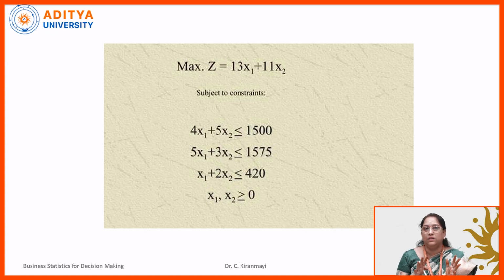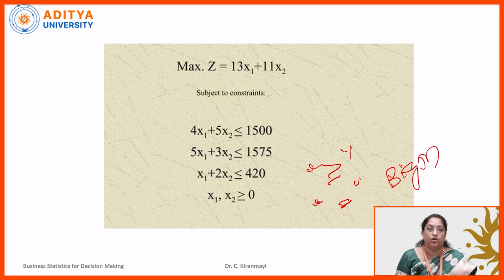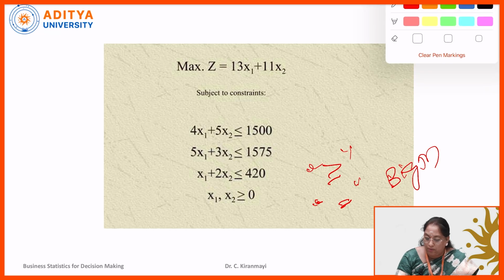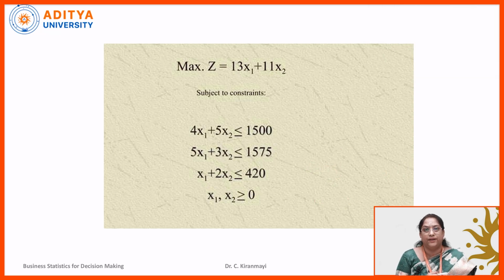If all the constraints are less than type, the regular simplex method can be used to find the optimum solution. But if any one of the inequalities is of greater than type or equal to type, then we have to use the big M method or the two-phase method. But here in this problem, all the constraints are less than type.